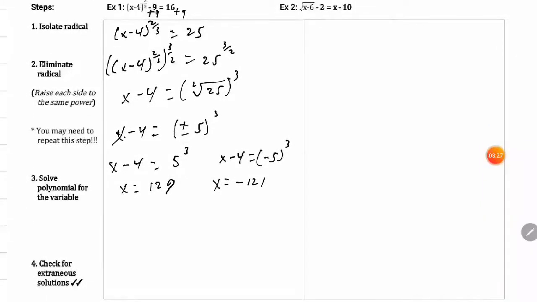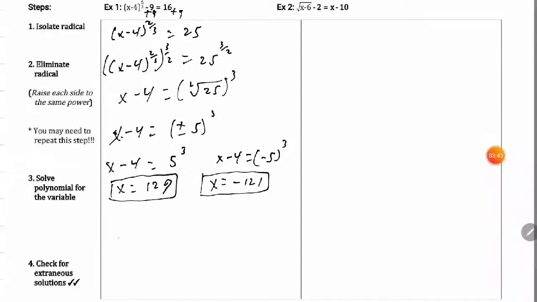Now we're going to check for extraneous solutions. And basically we take our two answers, plug them into the original equation, and see if it works. Okay. So back to example 1.